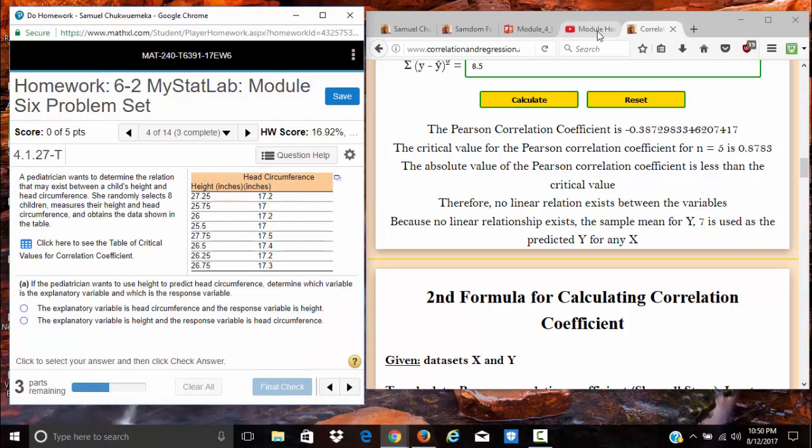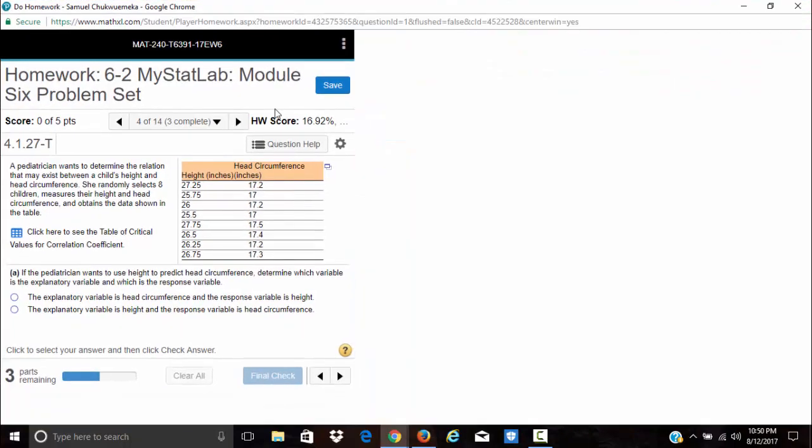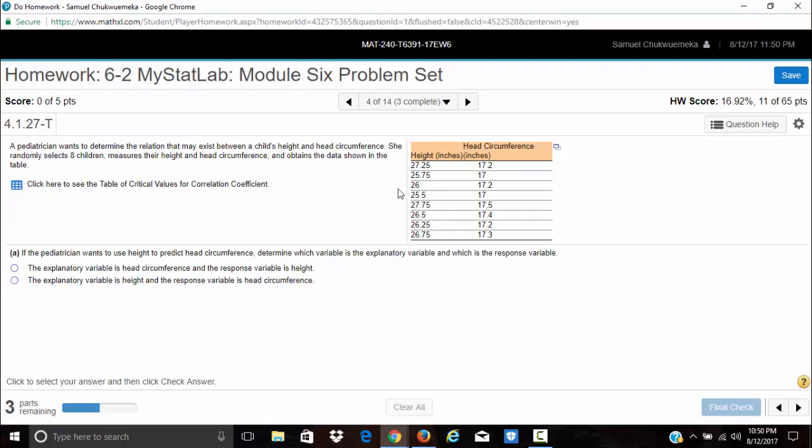Let me close all this and have only this open. Question 4. A pediatrician wants to determine the relation that may exist between a child's height and head circumference.